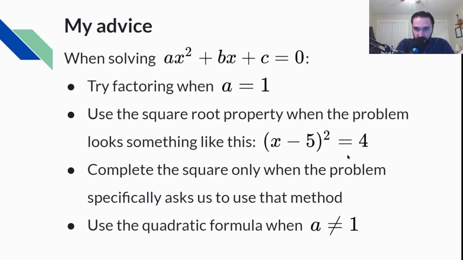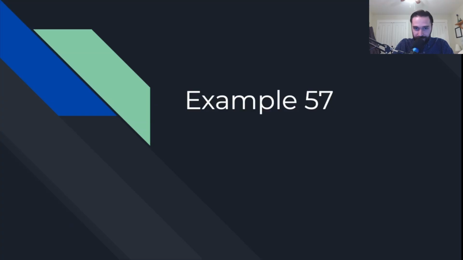In this scenario, you can take the square root of both sides and isolate x easily. But complete the square only when the problem specifically asks us to use that method. And finally, use the quadratic formula when a does not equal 1, when you have a leading coefficient other than 1. So let's dive into the examples.